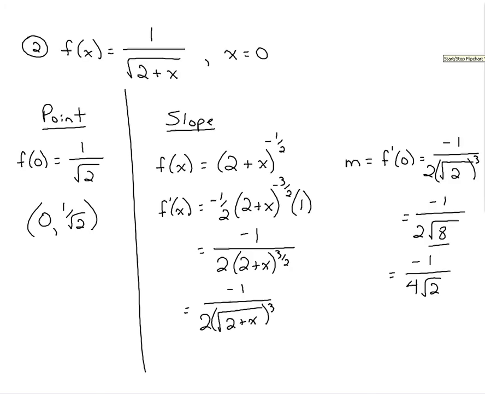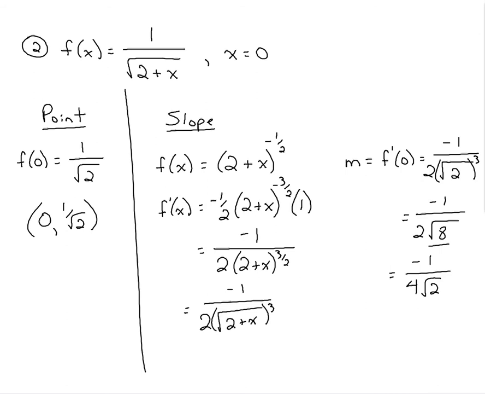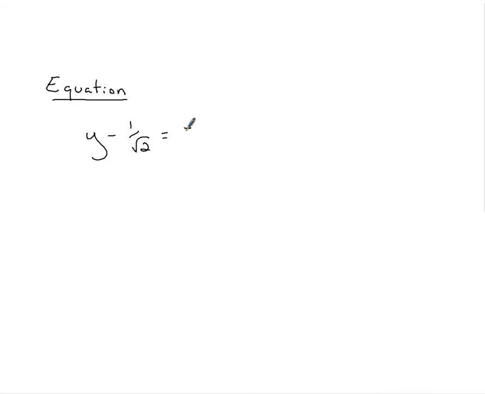The y value was 1 over root 2. That equals the slope that we just found. That was negative 1 over 4 root 2. And we're multiplying by the quantity x minus the x value at our point, which is 0.